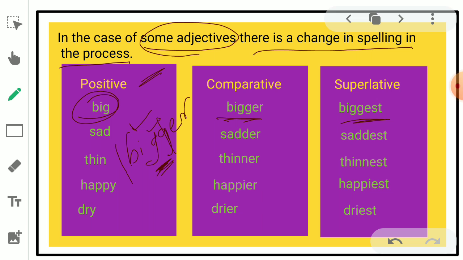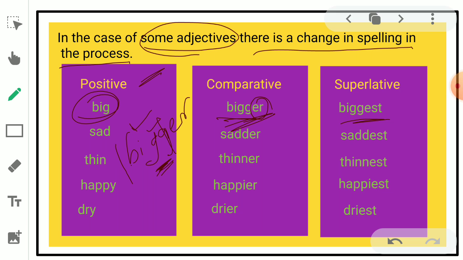The last letter is a consonant, so it doubles when it moves to the comparative form before adding er. So this is the way big becomes bigger and biggest. In this way, the spelling of big, with double G, changes in the comparative form.